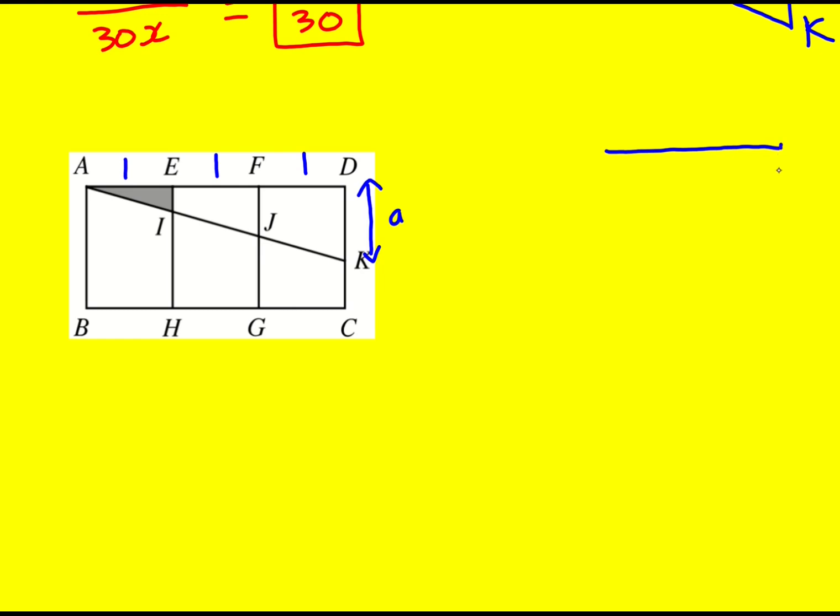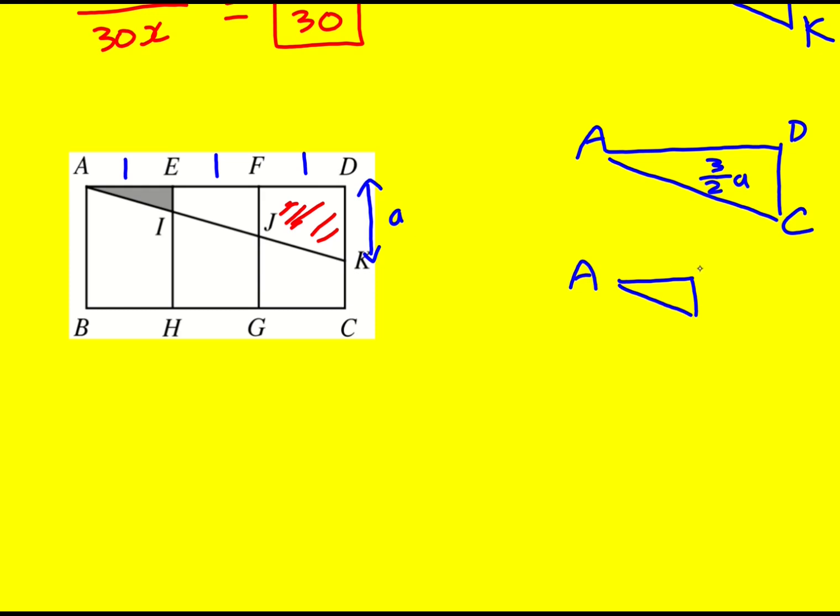And what we then get, the area of the big triangle, is going to be 1/2 times 3 times A, so 3 over 2A. And now the aim again is to get this area. But first, actually, I can get the area of the small triangle AEI.